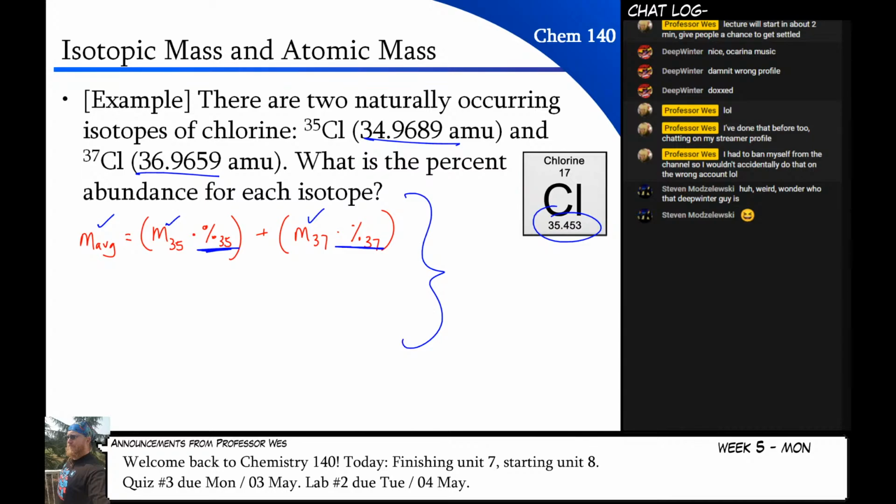Any idea at all? I'll give you a hint. It has to do with the percentages that we underlined. We're going to make another equation that has those in them. What relationship do those two percentages have with each other?